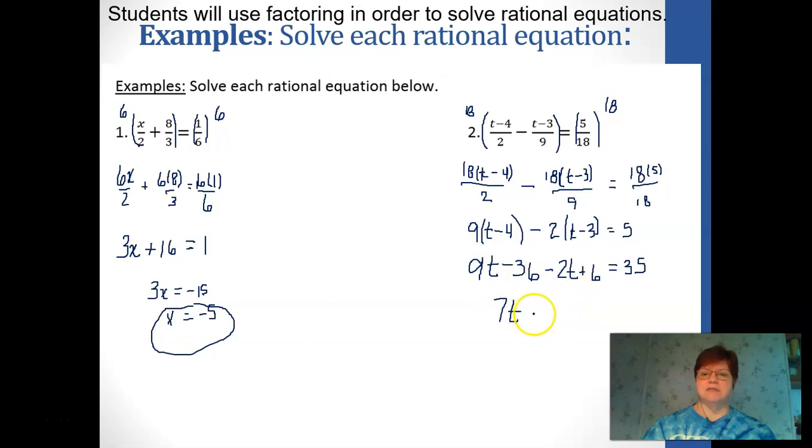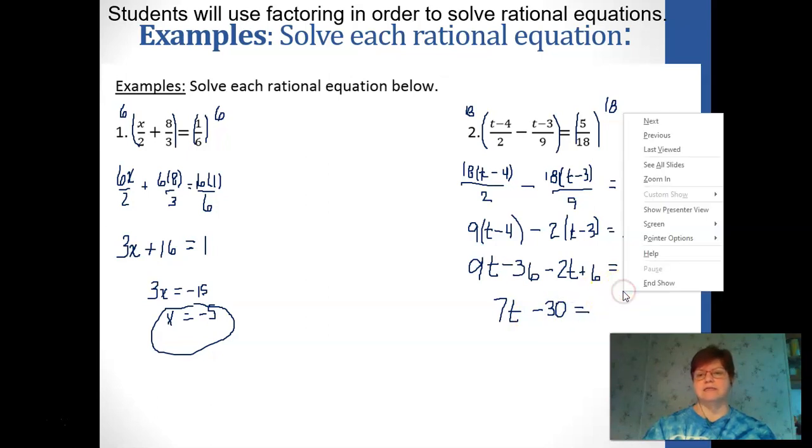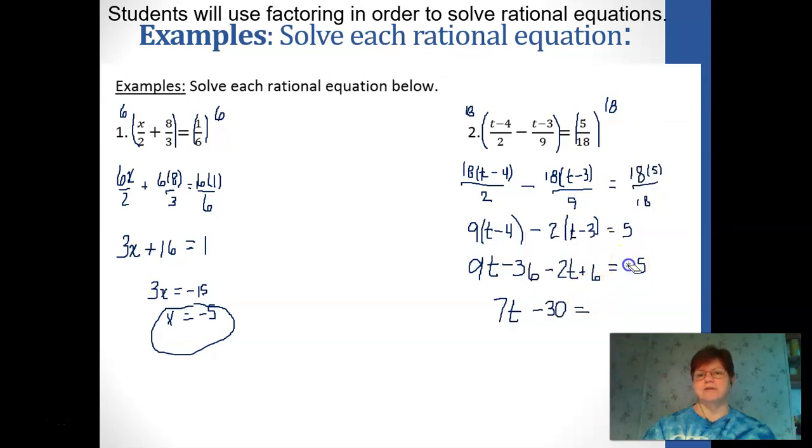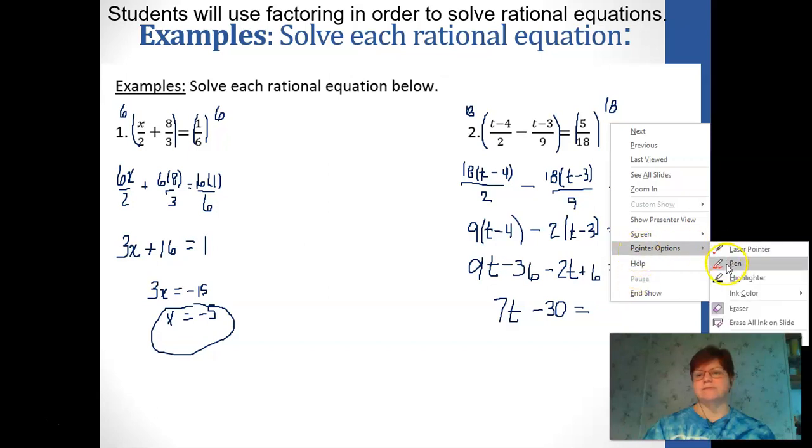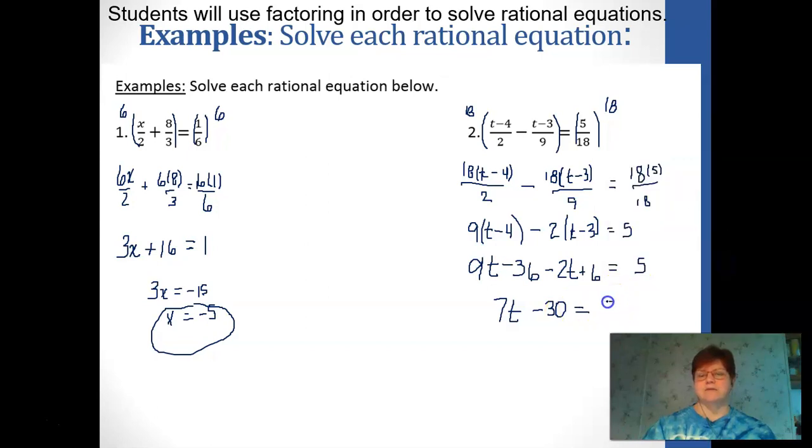Negative 36 plus 6 is a negative 30. Oops, look. I saw it already working out. So I had already put 35 here instead of just 5. Equals 5. Then I add 30 to both sides.